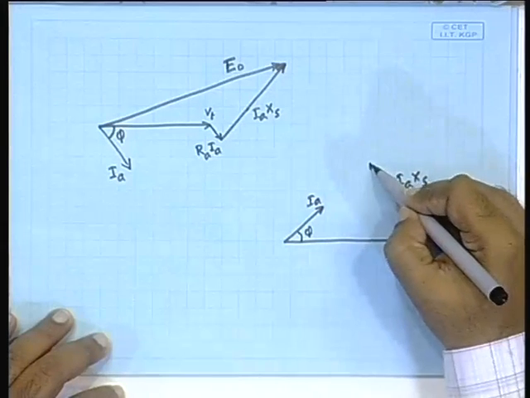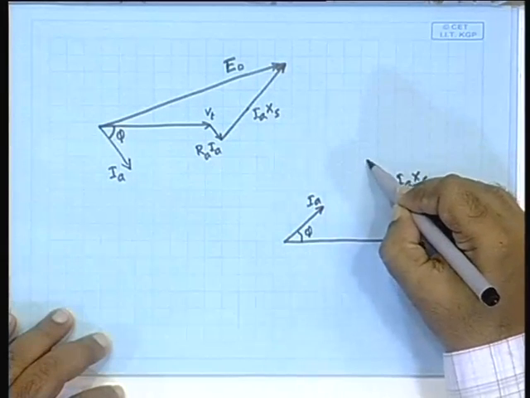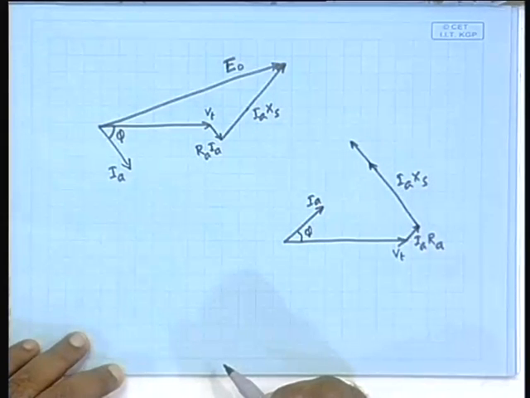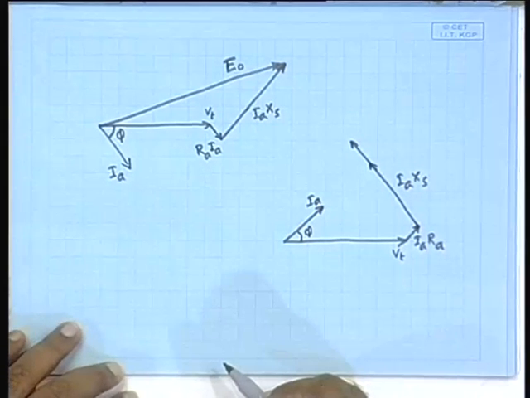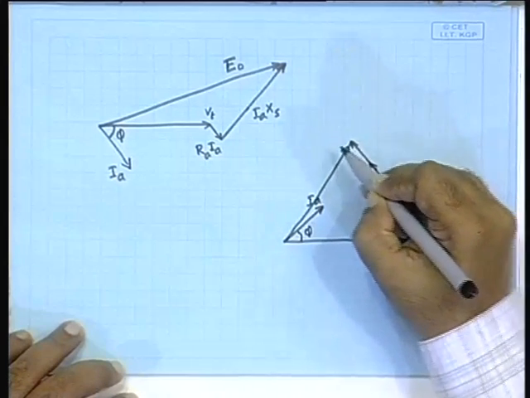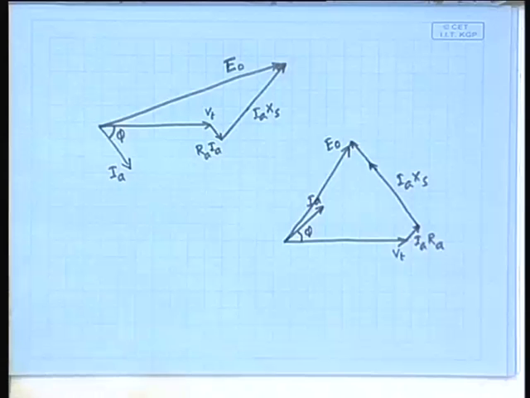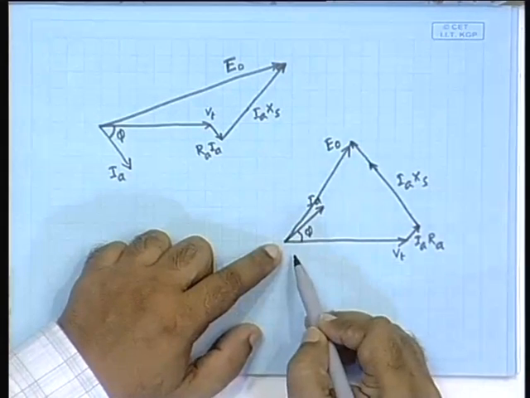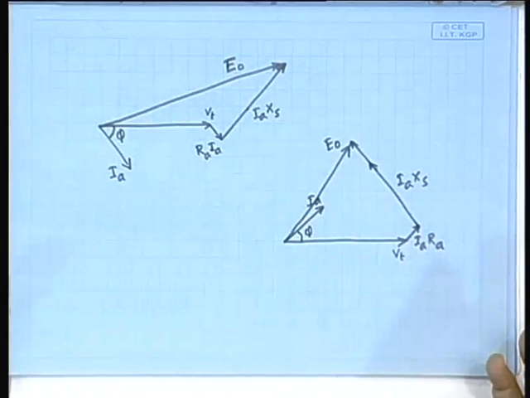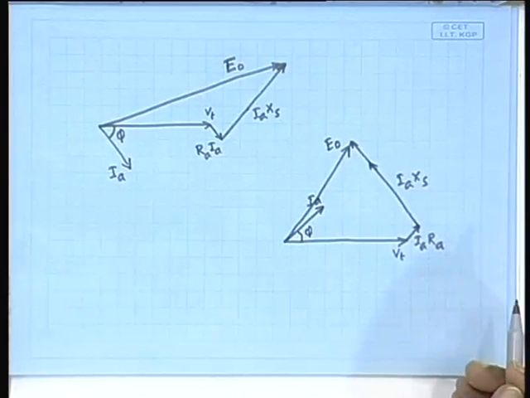I will draw it a little longer, because then it will not intersect with this. Okay. And then what will be the generated voltage? It will be this. So, you see in this case the generated voltage can be less than the terminal voltage, right, because of this mechanism.